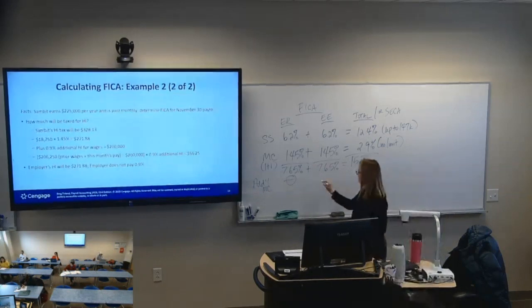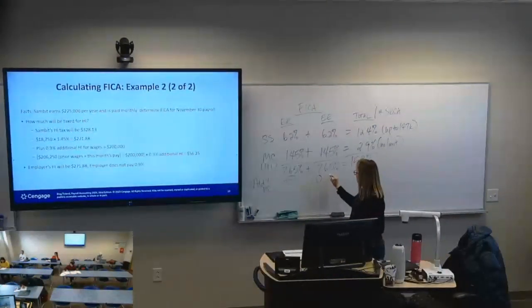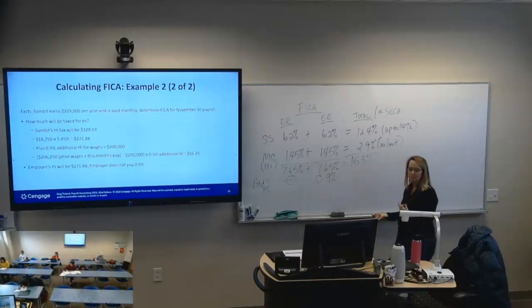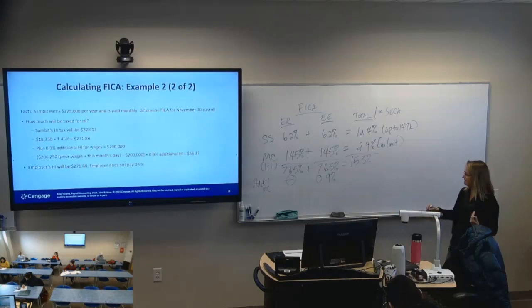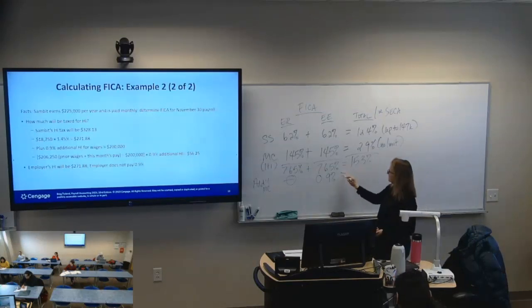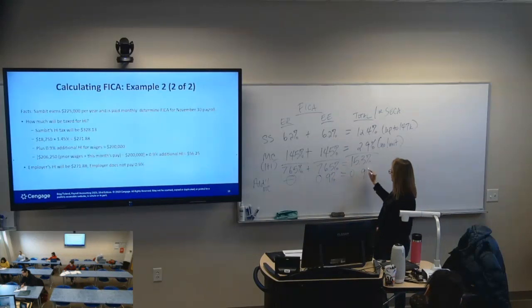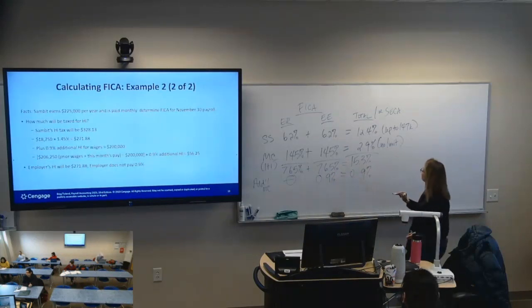The tax rate, and be careful here, 0.9%, so less than 1%. But be careful when you're doing your calculations because it's really easy to call it 9% instead of 0.9%. Okay, so the total tax rate for additional Medicare is 0.9%.